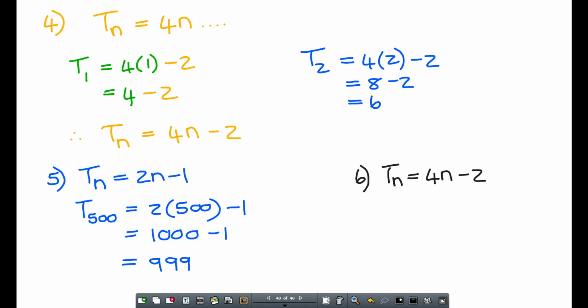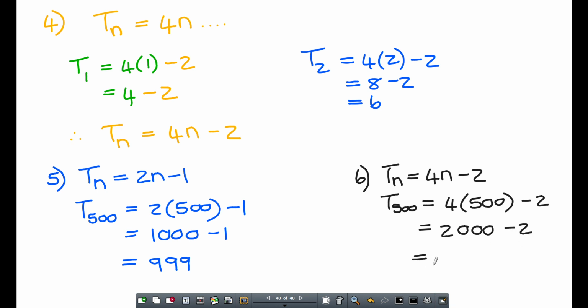So term 500 would then be 4 times 500 minus 2, which will be 2,000 minus 2, so 1998. Any questions there?